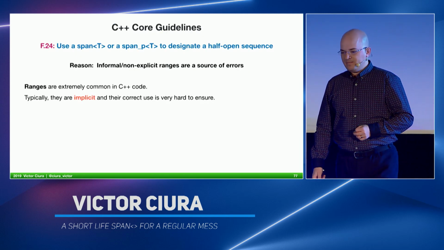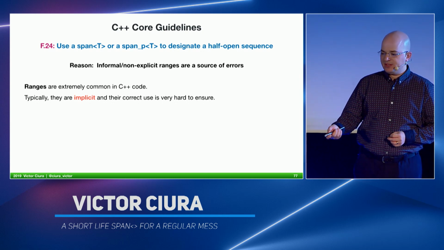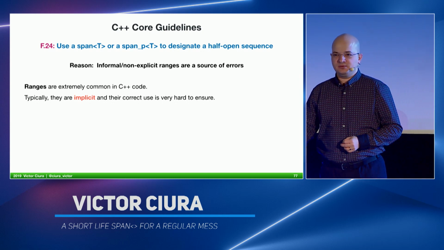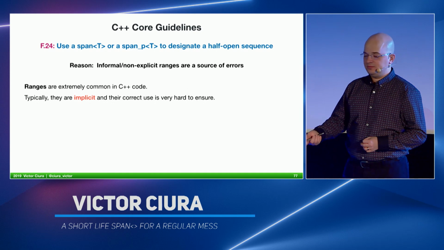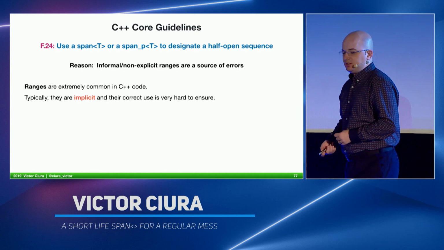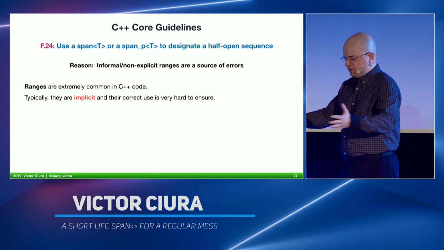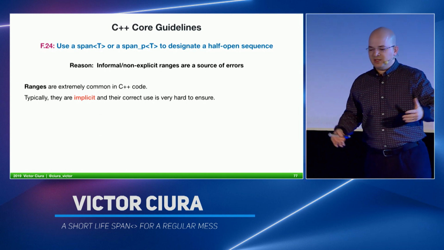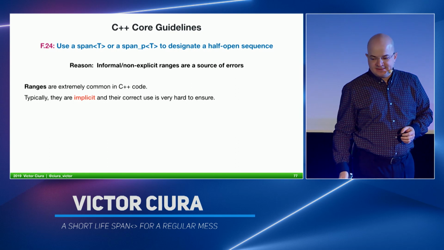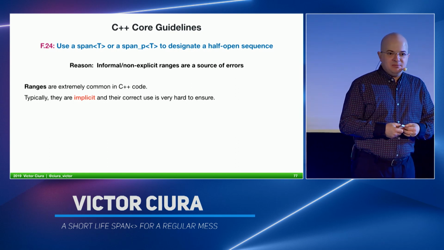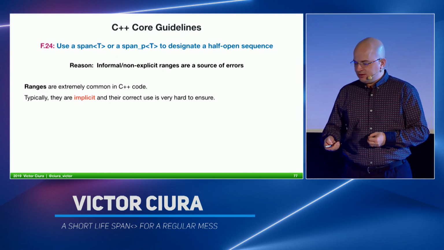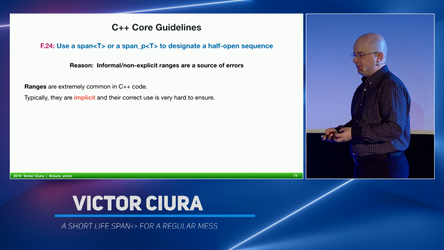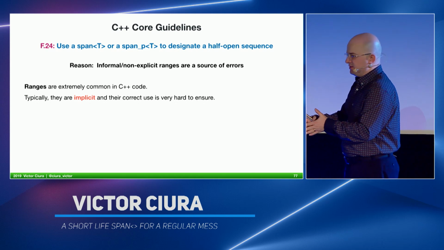Very briefly, informal non-explicit ranges are sources of errors. We all know that. We've all bumped into those. Ranges are extremely frequent. We always deal with ranges by pointer and length or pair of iterators or something like that, or two pointers. But they're typically implicit, and their correct usage is very hard to ensure. It's not built into some type.